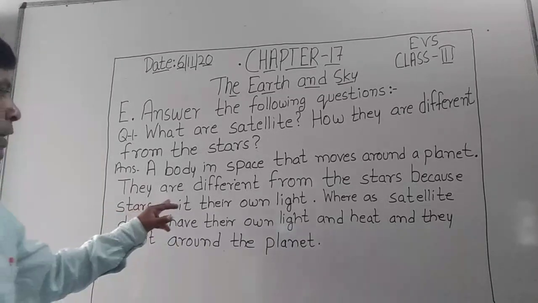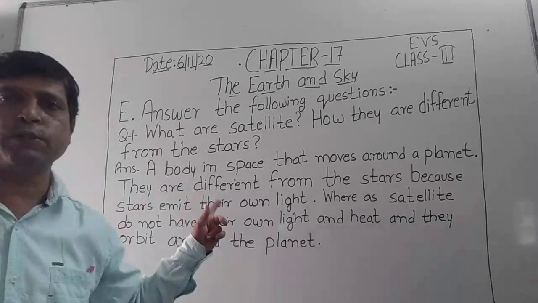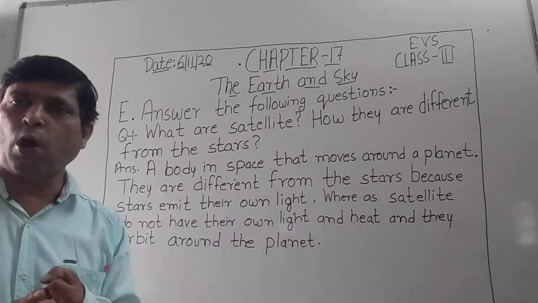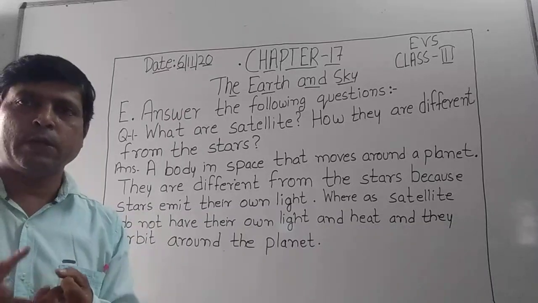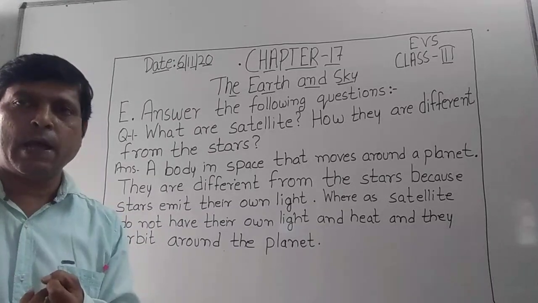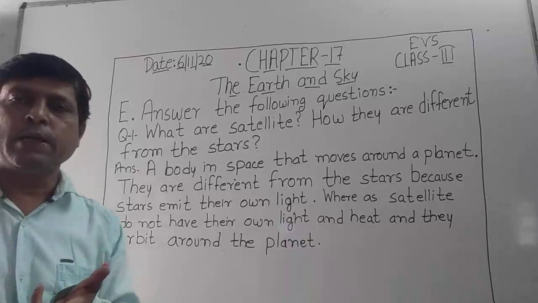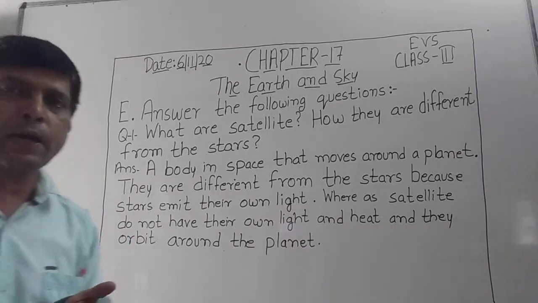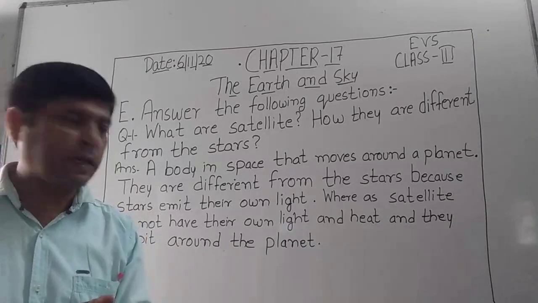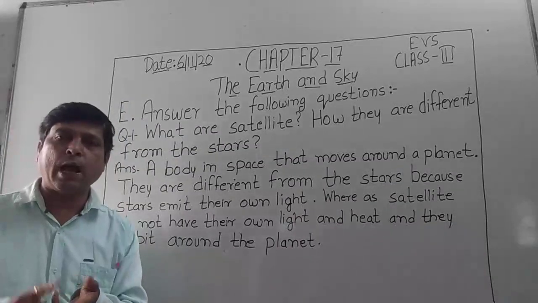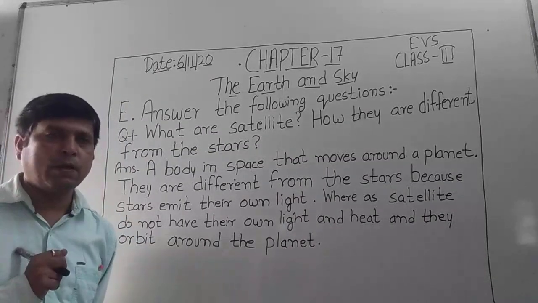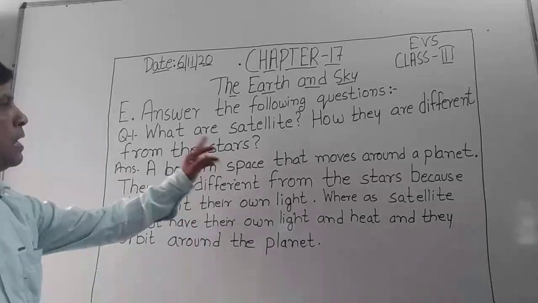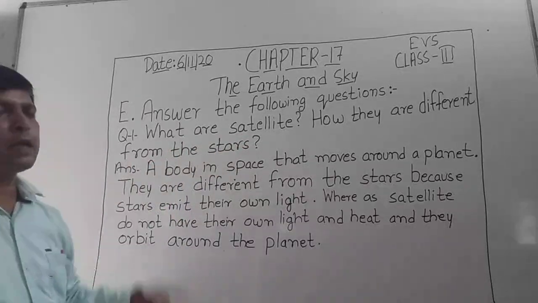Satellites do not have their own light. This is the first point. They shine due to the sunlight. And third point, satellites move around the planets.